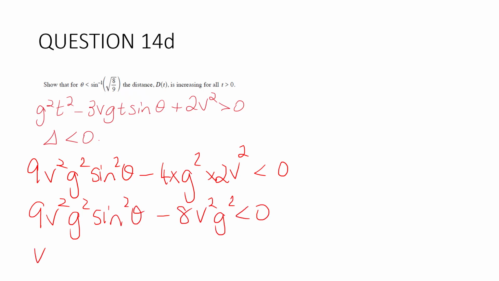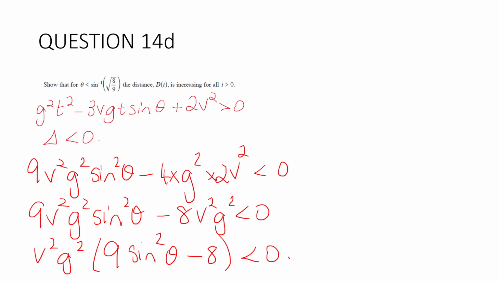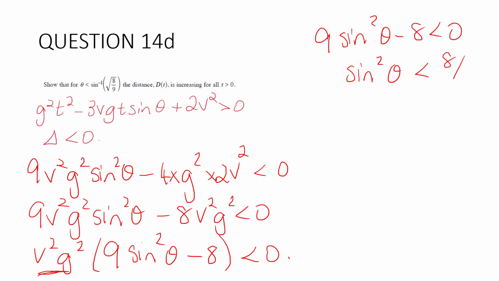Factorising v squared g squared, we have in brackets 9 sin squared theta minus 8. And so this is going to be less than 0 because that's positive there, providing 9 sin squared theta minus 8 is less than 0. In other words, sin squared theta must be less than 8/9.